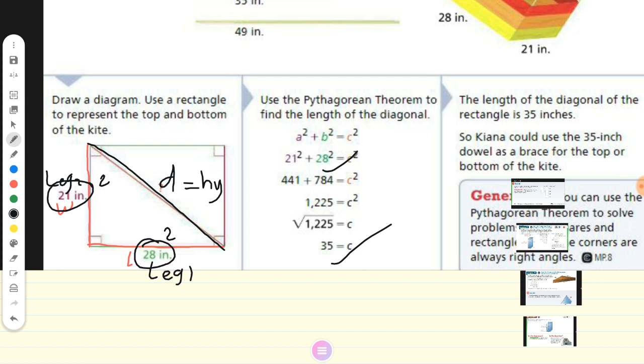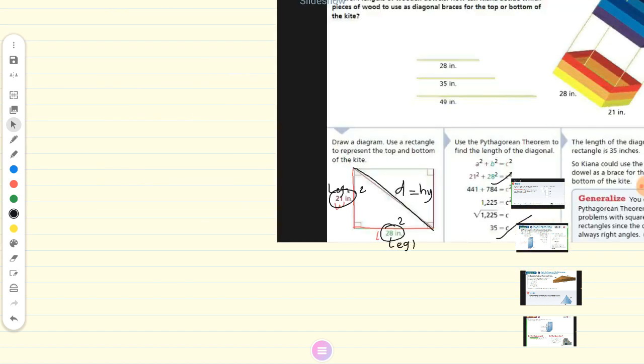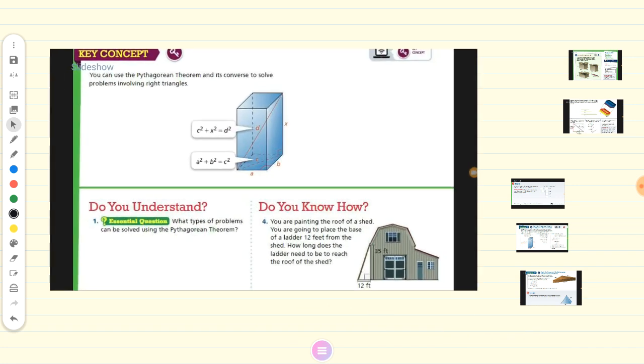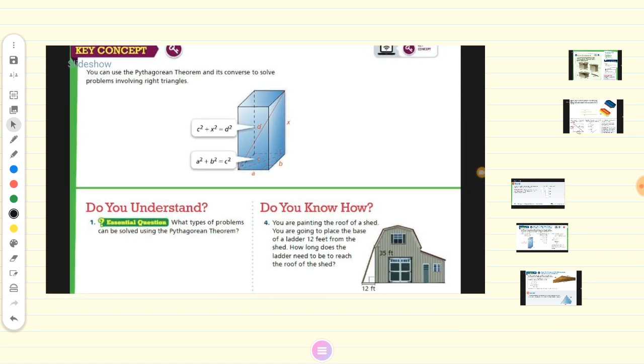Okay. So our main purpose today is to use the Pythagorean theorem and its converse and apply it over some shapes or over our real life.